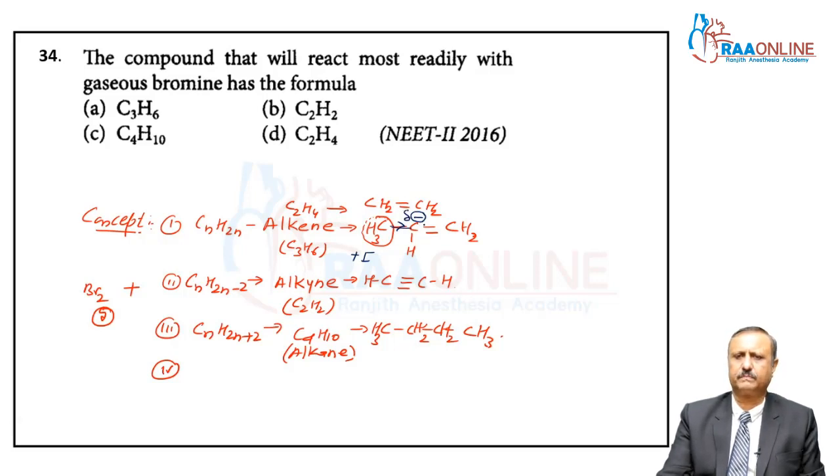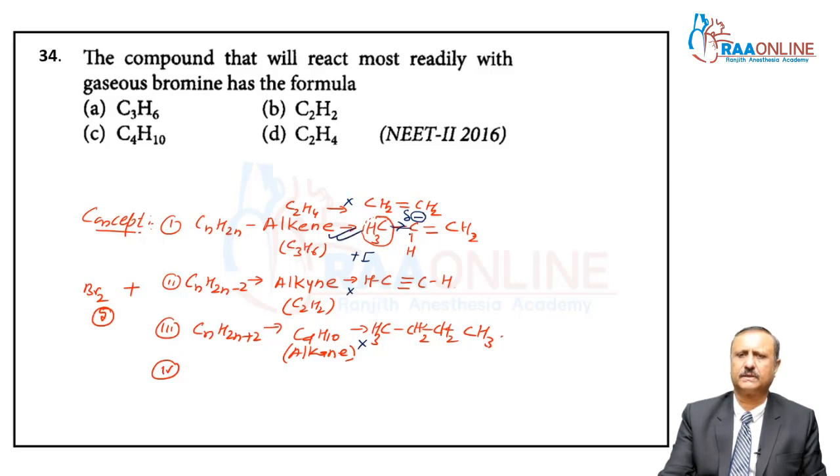My dear students, this type of electron density does not increase in this alkane, so alkane is not the answer. This type of extra electron density does not increase in alkynes, where only triple bonds are present. Here this unsaturation is also present in alkenes. Here in ethene C2H4, this extra electron density does not increase. So this is not the answer, this is not the answer, my dear friends.